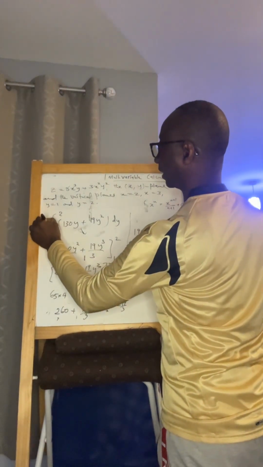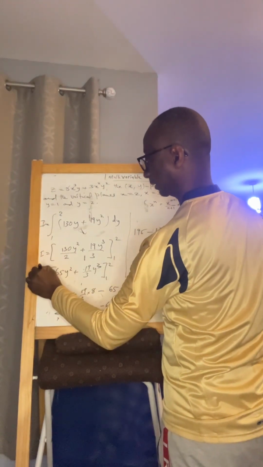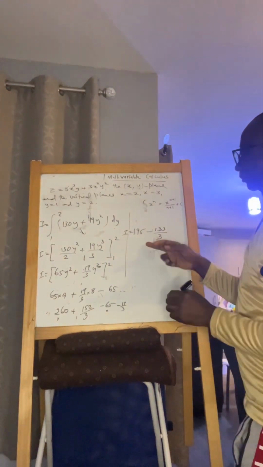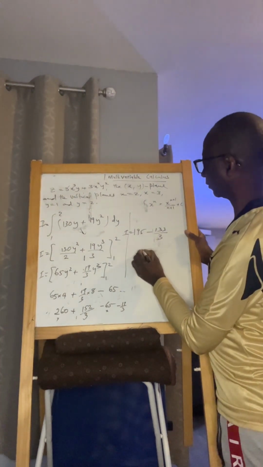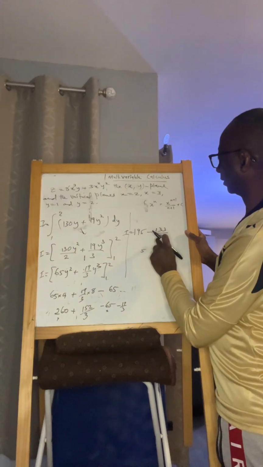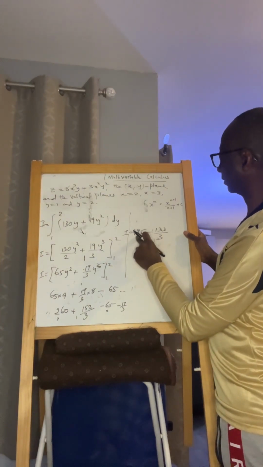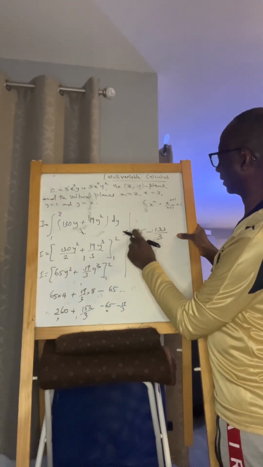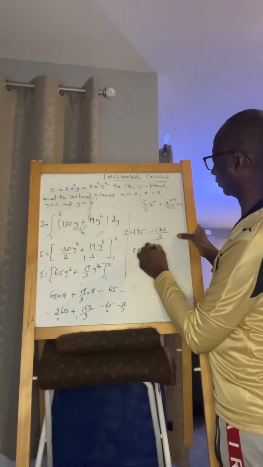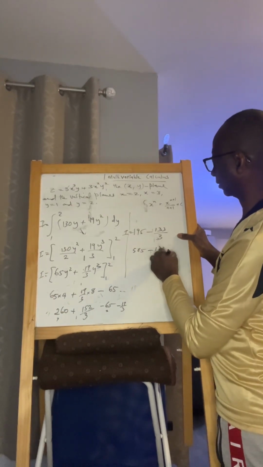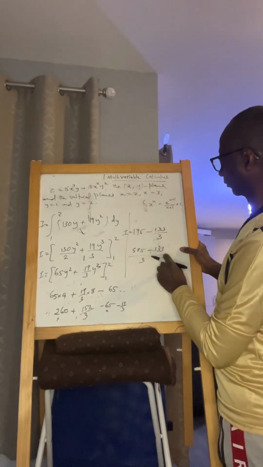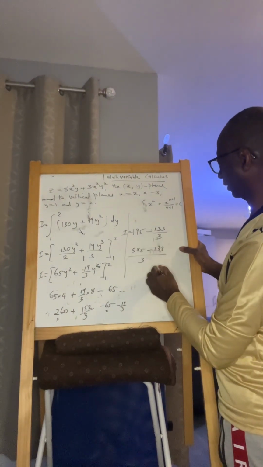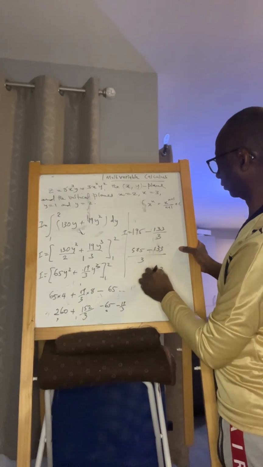Let me just say this is I equals to, now 3 times 5 is 15, carry 1. 3 times 9, 27, plus 1 you carry, 28. 3 times 1, 3, plus 2, 5, plus 195, 33 all over 3. So here you get 2, 5, 4 all over 3.